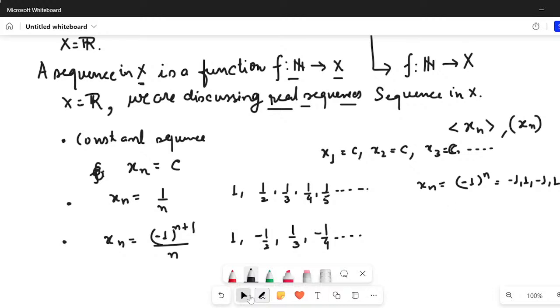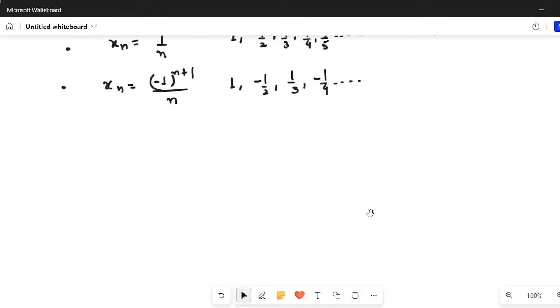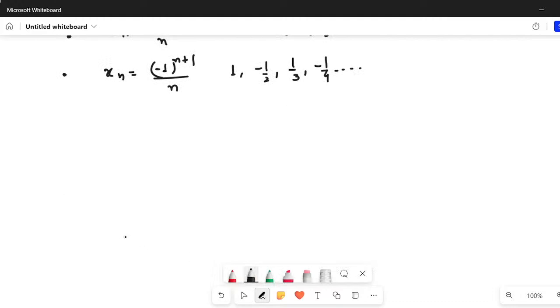When do we say that our sequence is convergent?